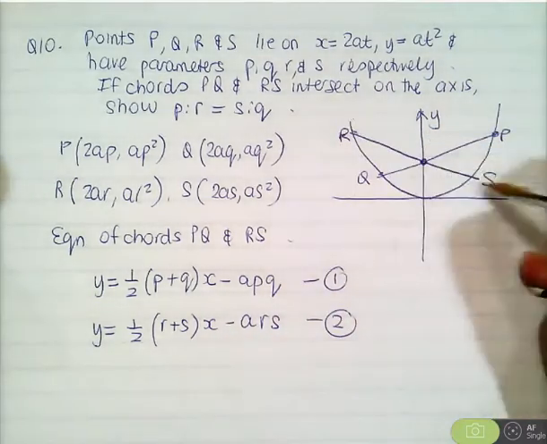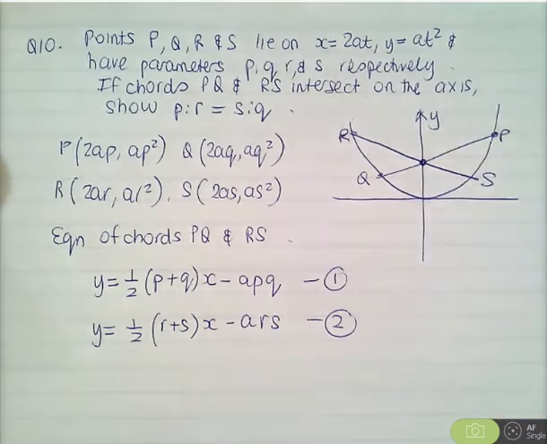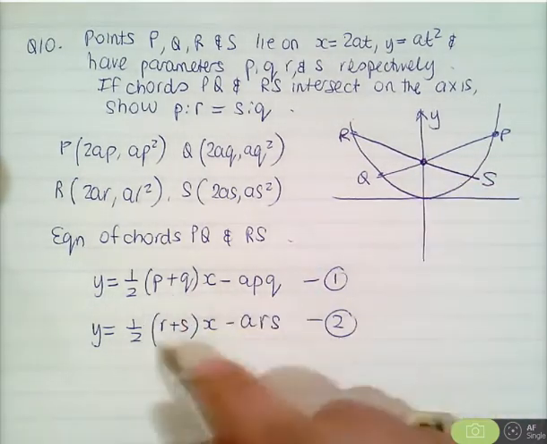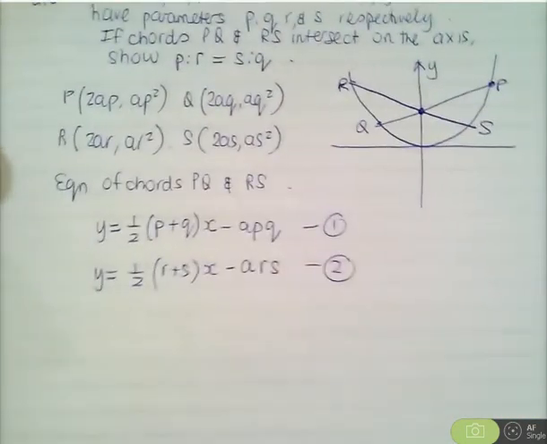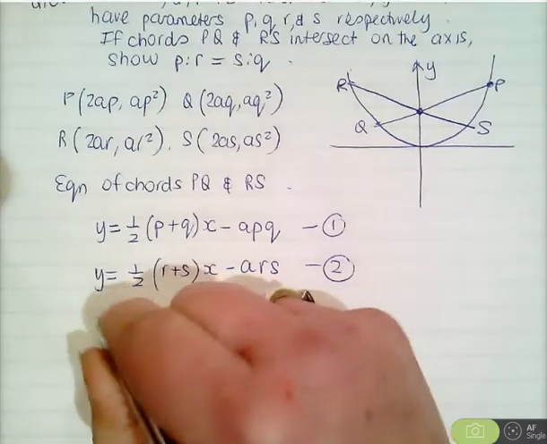Now, they're saying that these chords intersect on the axis. So, in other words, point of intersection, which means solve simultaneously. So, girls, you're going to need to solve these two equations simultaneously.